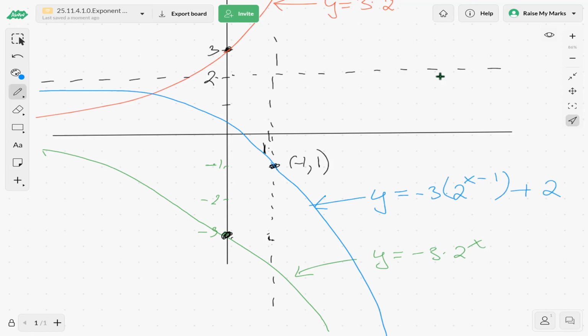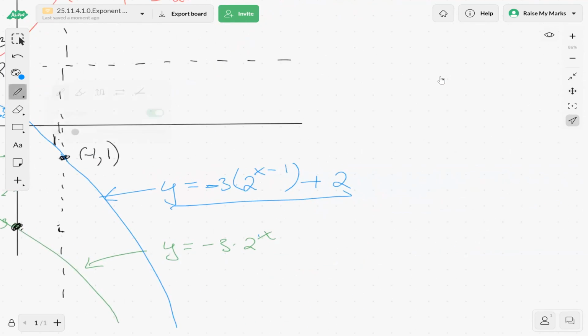Good. So one more point that might be worth considering is the new y-intercept. The new y-intercept occurs again when x equals 0. If we plug x equals 0 into our blue function, what do we get? We actually get 0.5. So we can do that arithmetic off to the side.